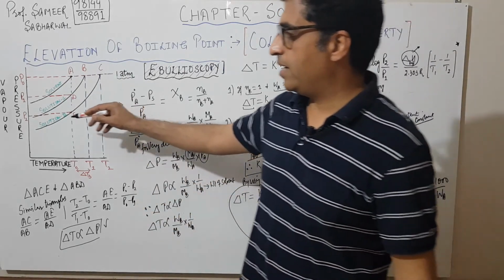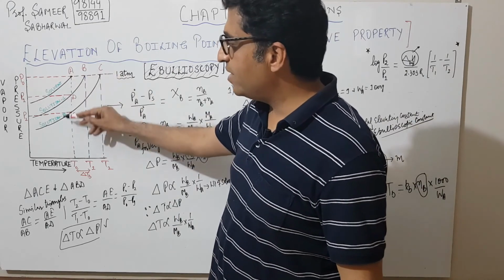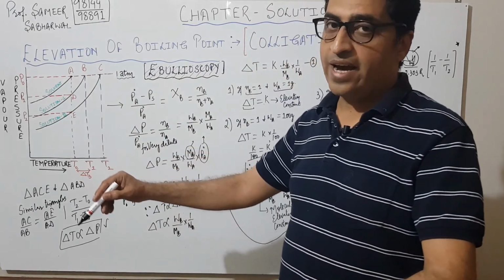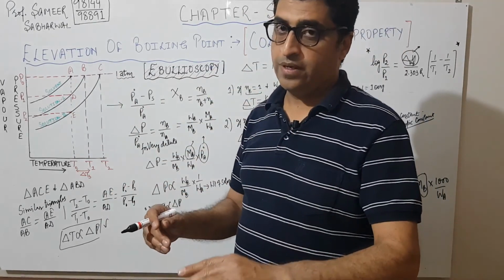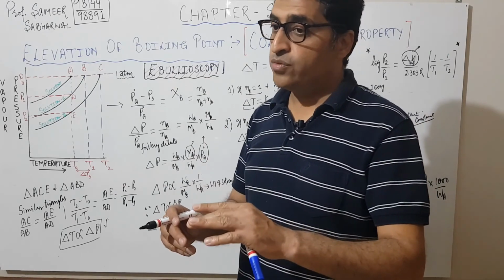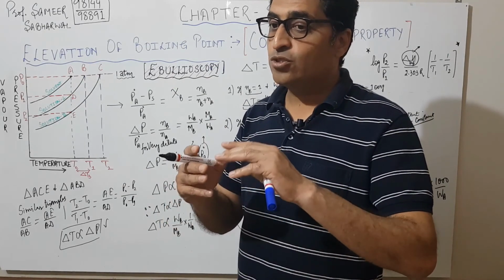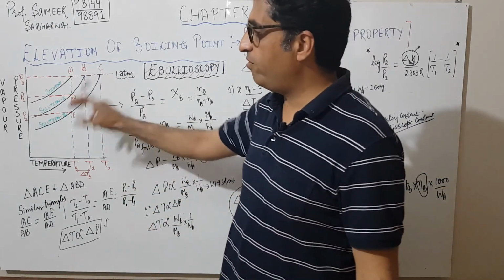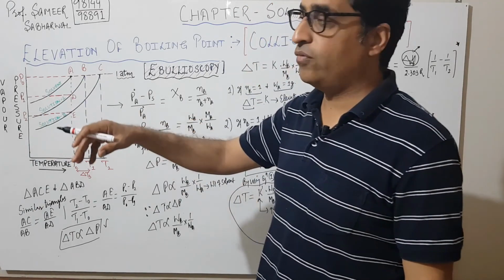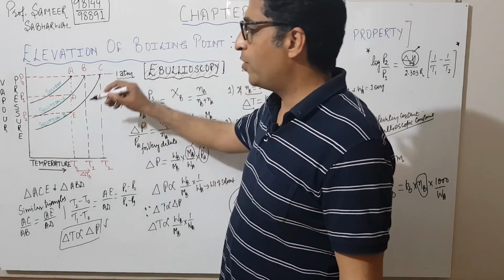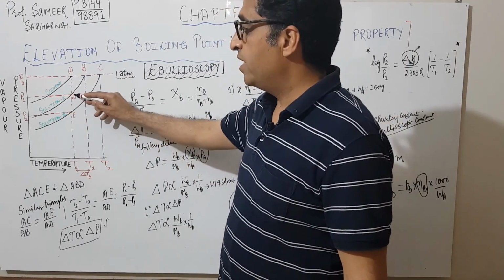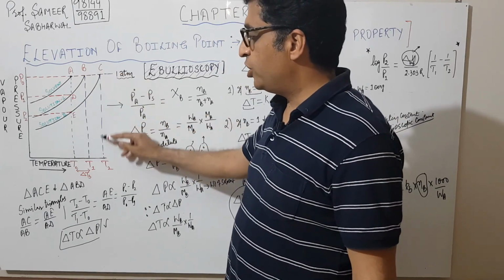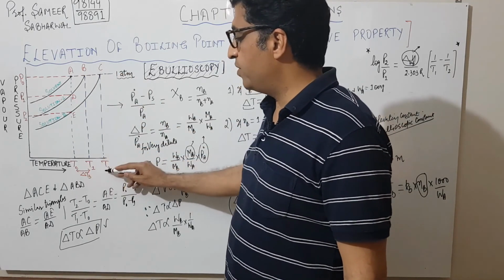I'm giving you this example just to make the meaning of these graphs clear. This is for the pure solvent. When some non-volatile solute is added, vapor pressure will go down, and when vapor pressure goes down, we need to heat that solvent more in order to boil it. So whenever we add a non-volatile solute to a solvent, we observe an increase in boiling point, and you can see that solution 1 boils at T1 and solution 2 boils at T2. So you can observe the difference in boiling point.